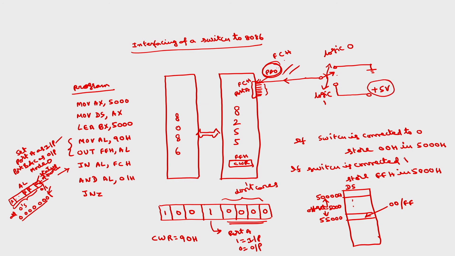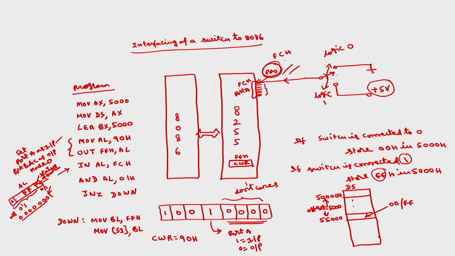So, if the switch is connected to plus 5 volts, I want to store FFH into 5000H. For that you take MOV BL, FF and MOV [SI], BL, so that FF will be stored in the location whose offset is 5000H.